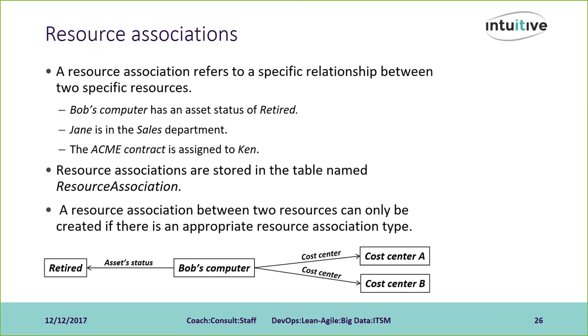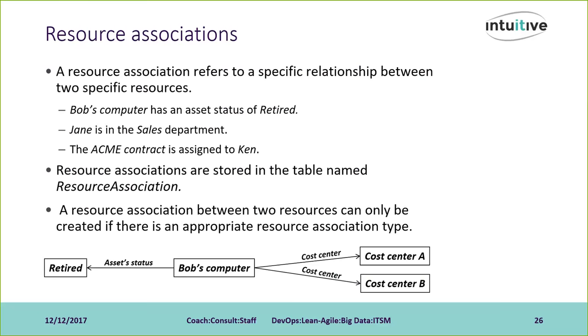When a resource association is created, a row is added to the resource association table in the CMDB, and that specifies the type of relationship, so the resource association type, and the GUIDs of the two resources, the parent and the child, that are being associated.